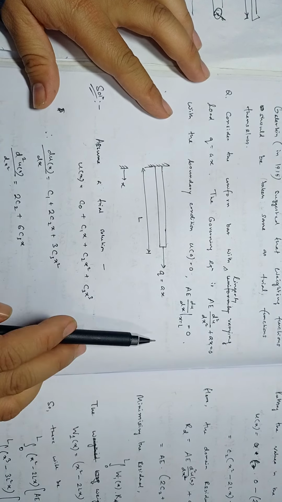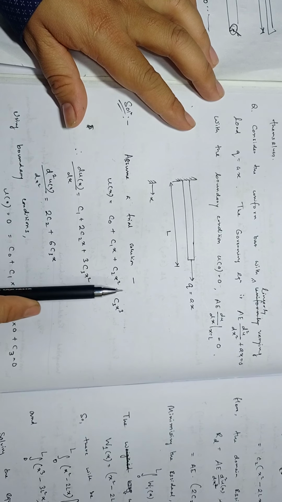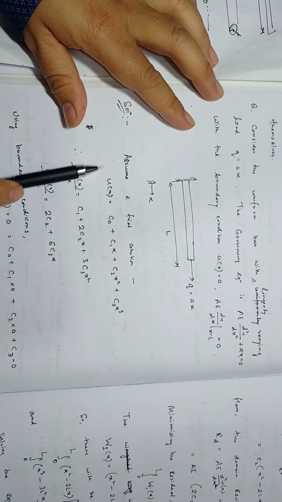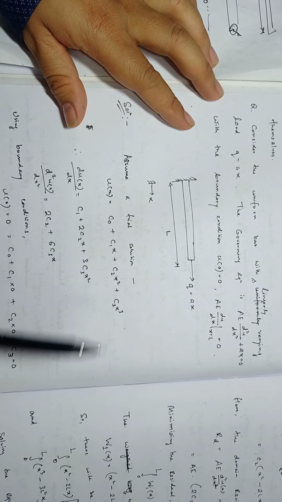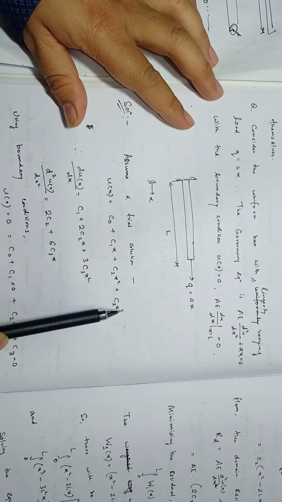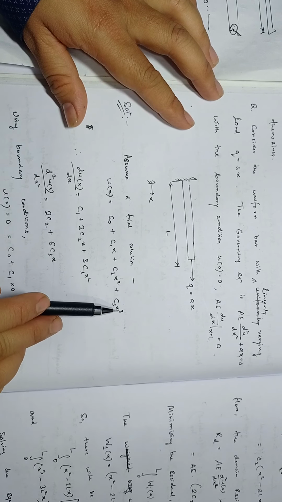Here, with d square u by dx square, we could take up to c2x square, but we have taken c3x cube. You can try with c2x square also and find the expression, but it yields a better solution when you take c3x cube.